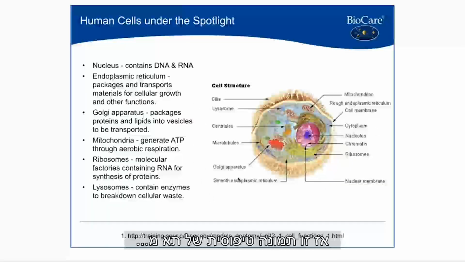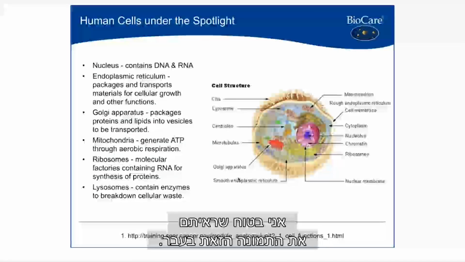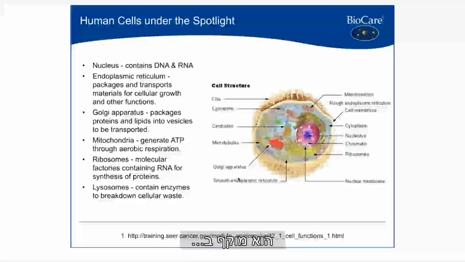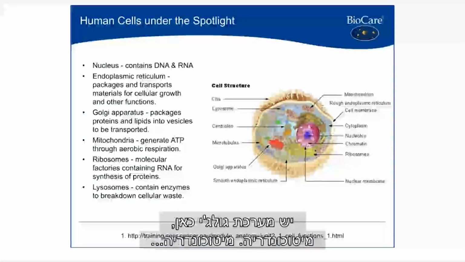So eukaryotic cells, this is the typical picture, I'm sure you've seen it before. It is made up of the nucleus, endoplasmic reticulum, the Golgi apparatus here, and mitochondria.